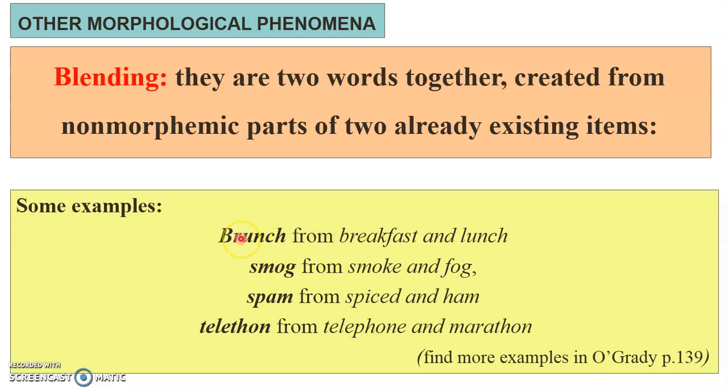We take a non-morphemic part of breakfast and a non-morphemic part of lunch, and we blend them together. Remember the tea blending, or wines, when you put two different types of tea together and make a blend. And smog from smoke and fog, spam from spiced and ham, telephone from telephone and microphone.